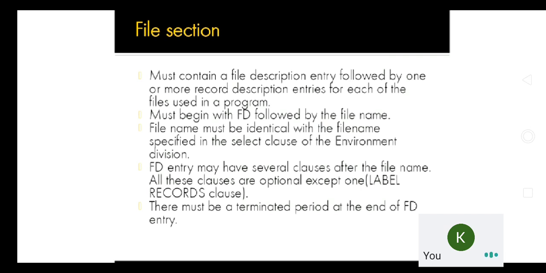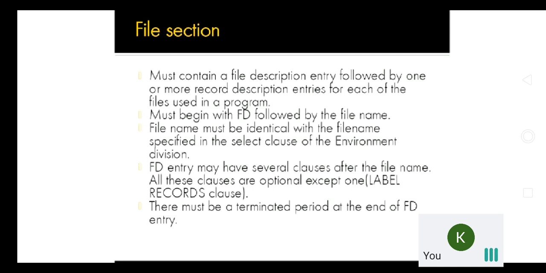The file section is utmost important for describing or defining various classes and file characteristics related to files in your programs. The file section must contain a file description entry followed by one or more record description entries for each of the files that you're going to use in your program.